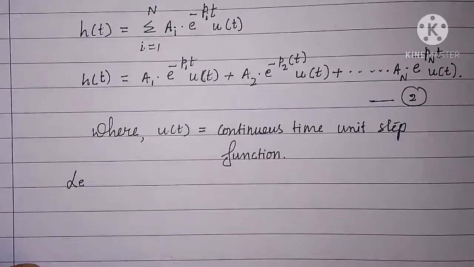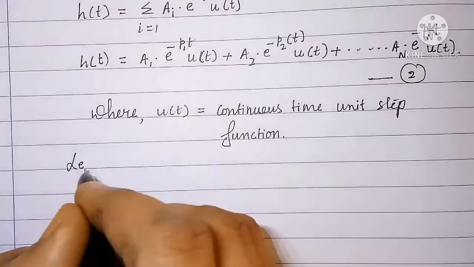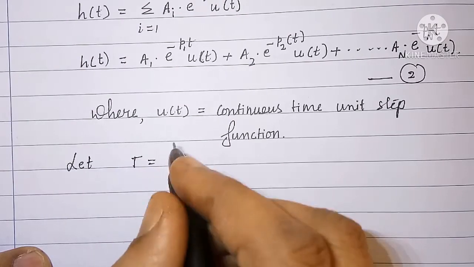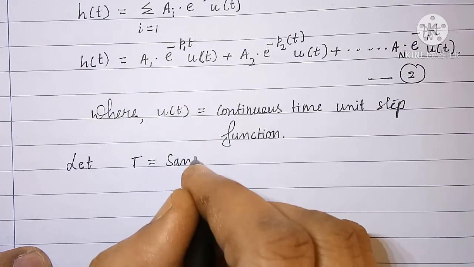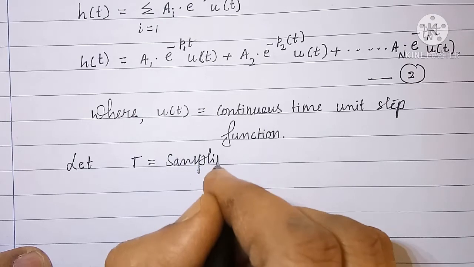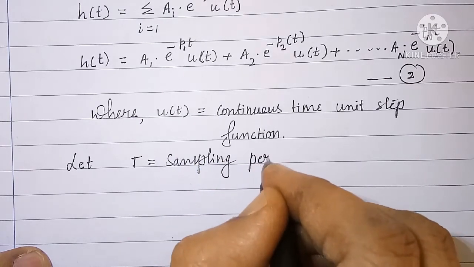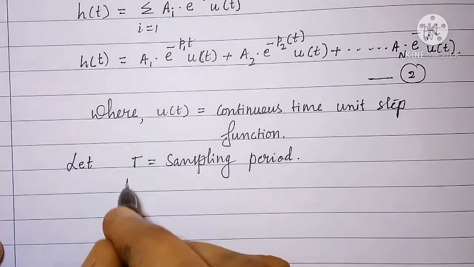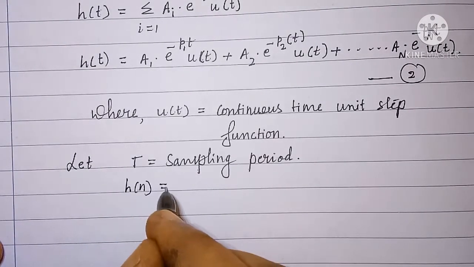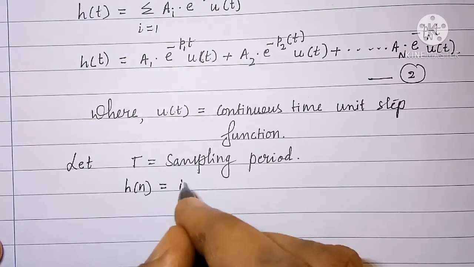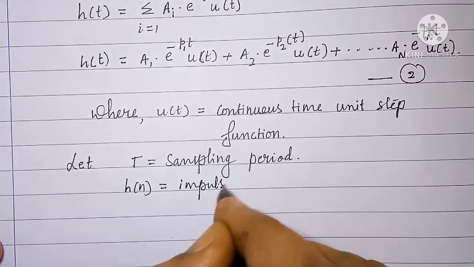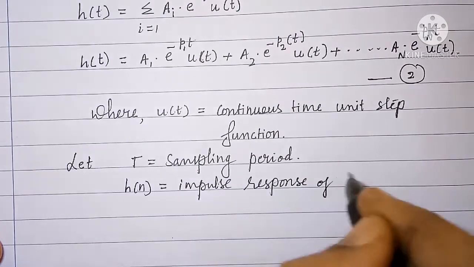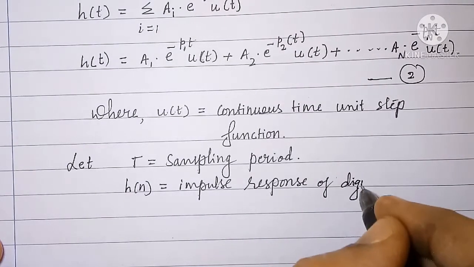For that, let T equal to sampling period, h of n equal to impulse response of digital filter.